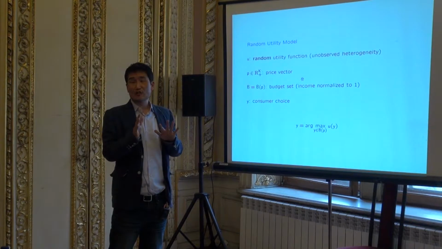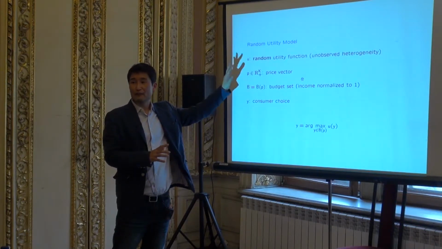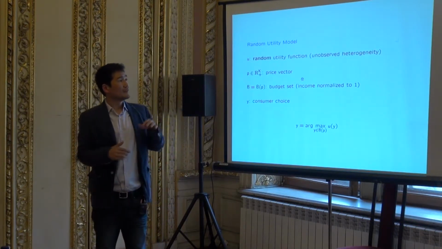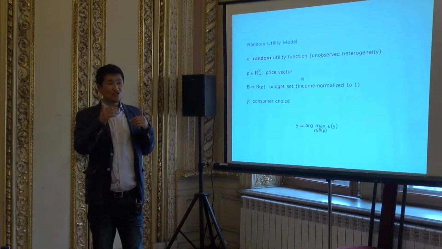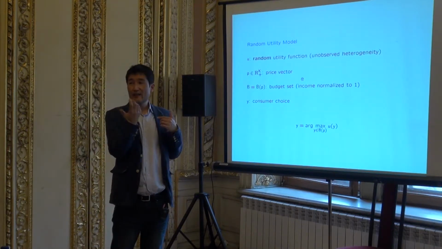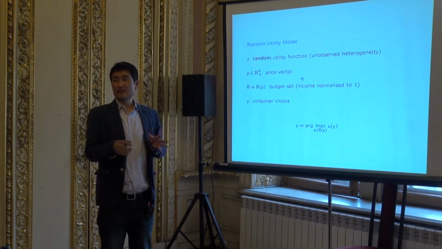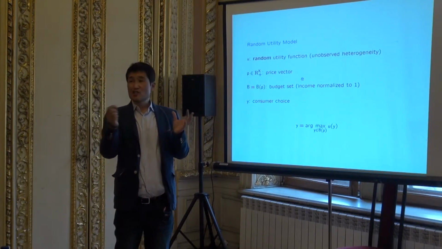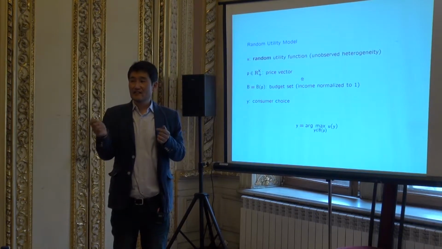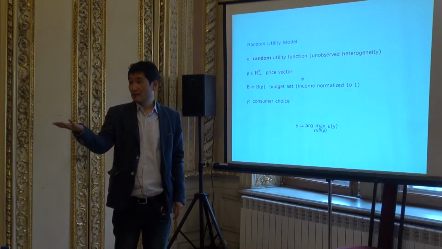And I put really little restriction on the dimension of heterogeneity, on how the heterogeneity enters the model. All I'm assuming here is that each person gets his own utility function.